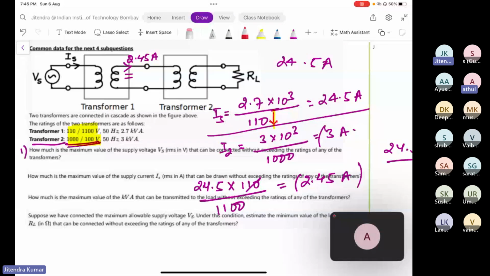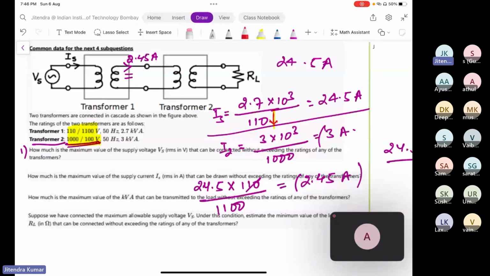So rated current will come if you divide the kVA by rated voltage. So we have to maintain the rated current in those cases, so we should go with the rated value of the voltage of the transformer. I understand it is contradictory to the first part, but it is the way to compute the rated values. Okay.